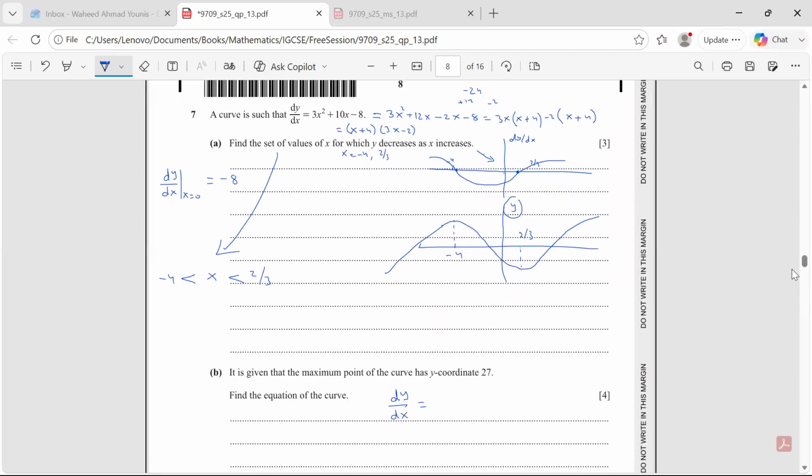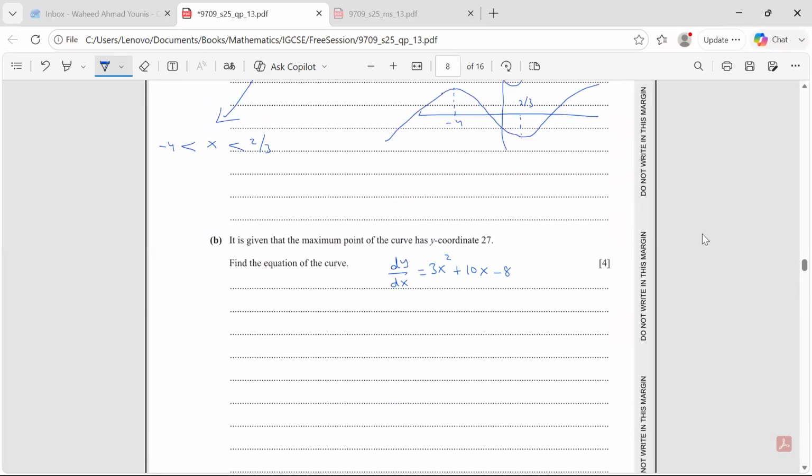It is 3x squared plus 10x minus 8. So dy would be equal to 3x squared plus 10x minus 8 into dx. If I integrate both sides, y equals the integral of 3x squared plus 10x minus 8 into dx, plus a constant of integration.